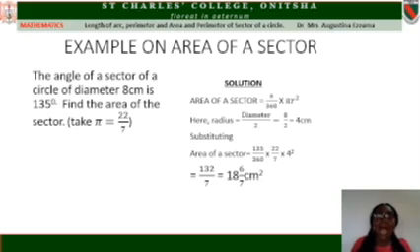Then you get that pi, which is what? 22 over 7. Then r squared is 4 squared, which you can write as 4 times 4. So when you multiply out, you get 132 all over 7. If you divide 132 by 7, you get 18 whole number 6 over 7 cm squared.